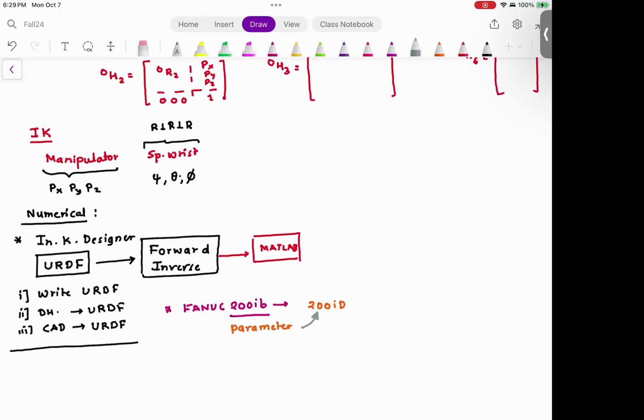And how do you do that? If you go on to the solver, it will give you a drop down menu where you can select each frame and find out the px, py, pz and the orientations for each frame with respect to the base frame. Everyone understood this?